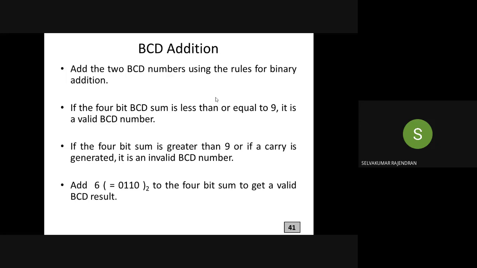If you are adding 2 BCD numbers, the sum should be less than or equal to 9, then only the result is valid. If the result is greater than 9, it is an invalid BCD number, so we have to correct it into a valid BCD number by adding 6.